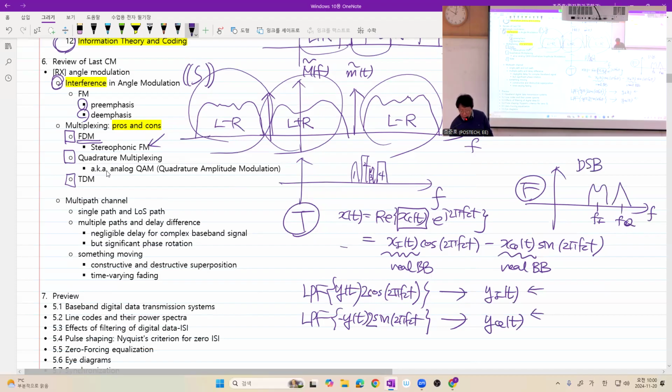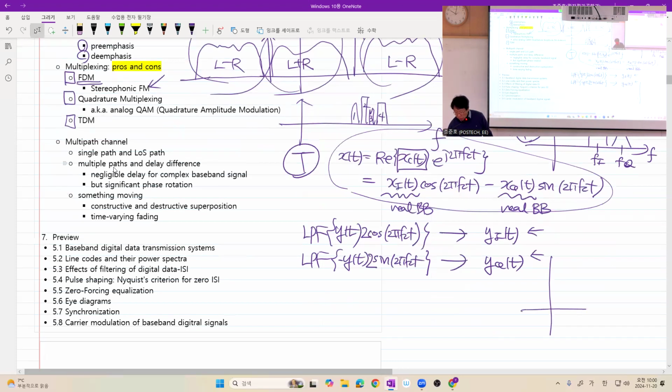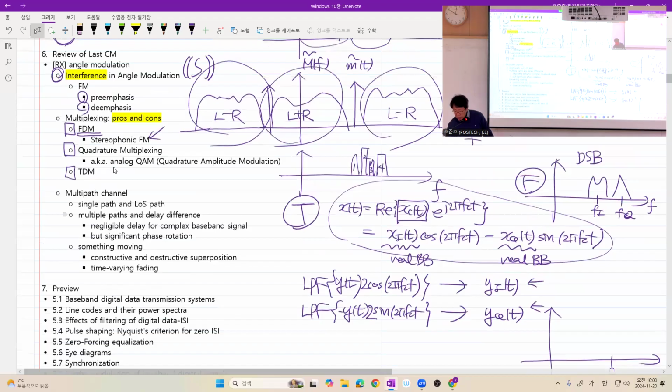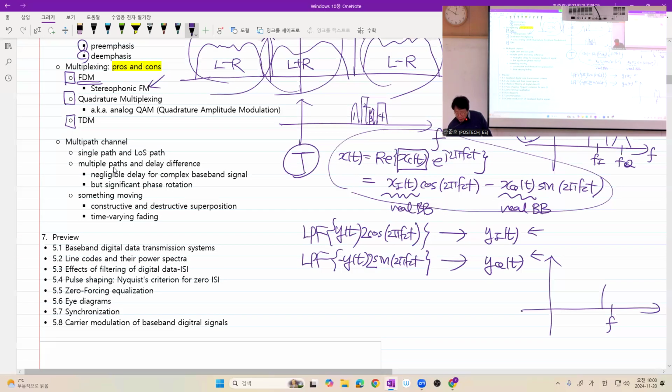However, by doing quadrature multiplexing, we not only put this signal here, we also place the other signal in the same frequency band. In this way, we can save bandwidth. We transmit two signals, but we do not utilize twice the bandwidth.